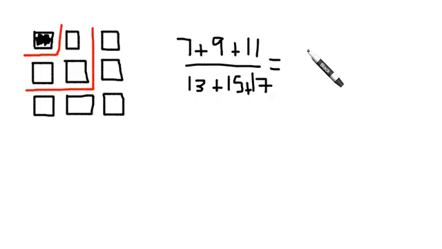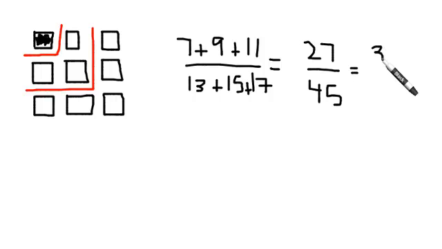Let's see: 11 plus 9 plus 7 is 27. And 13 plus 17 is 30, plus 15 is 45. If you divide both of those by 9, you get 3 over 5.